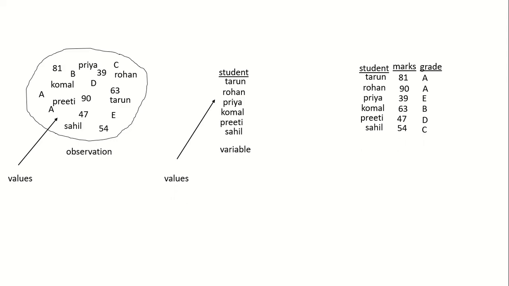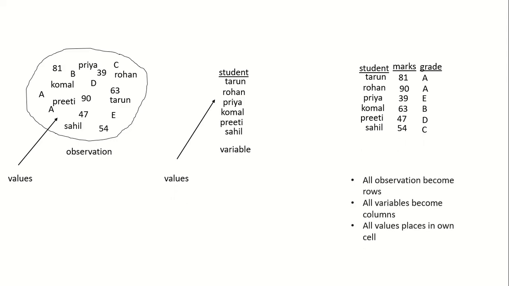If you observe carefully, all observations become rows, as you can see on the screen, and all variables become columns. I only wrote one variable, but you can see on the right three variables, which is appropriate. All the variables become columns, as you can see in the table, and all values are placed in their own cell. This is the cell.